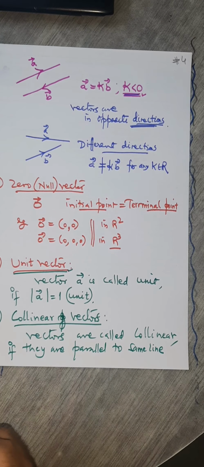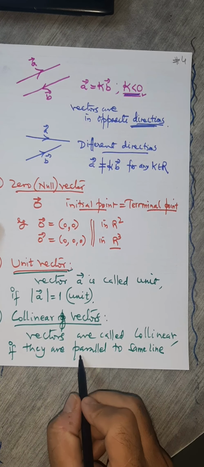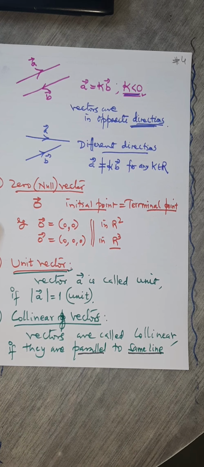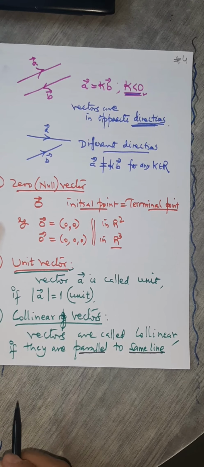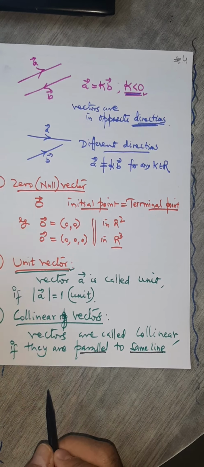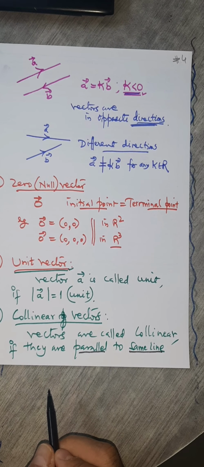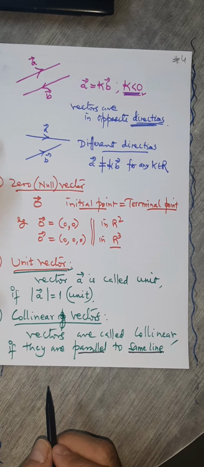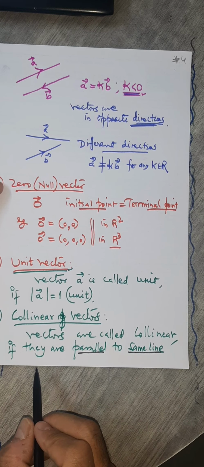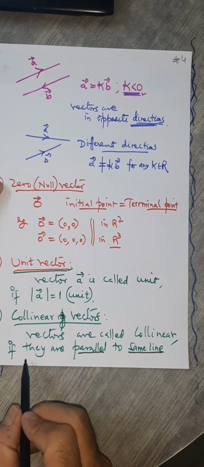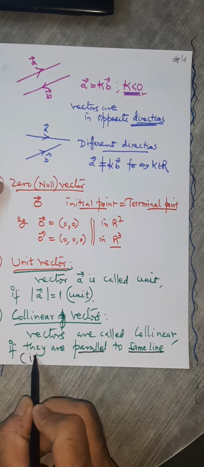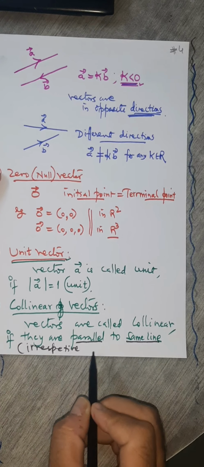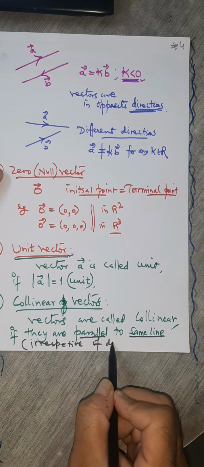What's the meaning of this? Either they are positive multiples or negative multiples. Such vectors are said to be collinear vectors. Remember, here magnitude and directions are not important, so let me write irrespective of direction and magnitude.